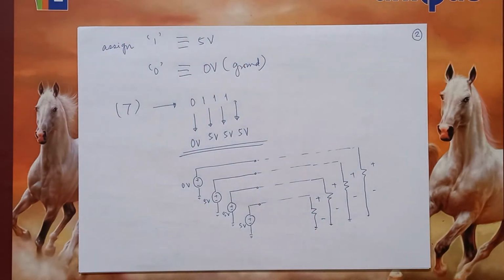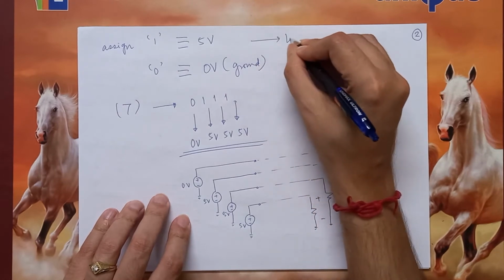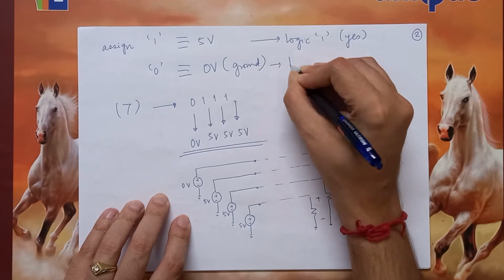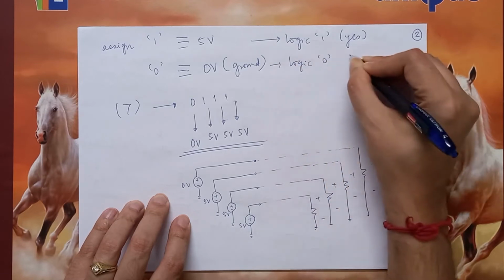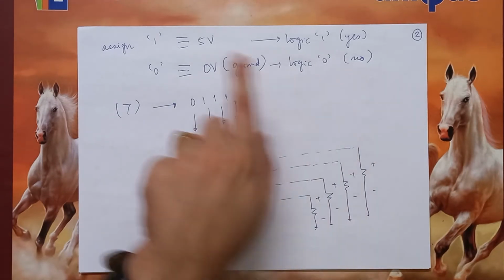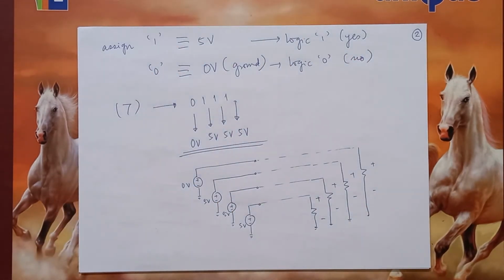Now I am using the words logic 1 and logic 0 because we are again trying to correlate them with yes and no's. Once again, you can assign logic 1 as no and logic 0 as yes. Nothing stops you. I am using this because it is a more well-known and more intuitive manner.